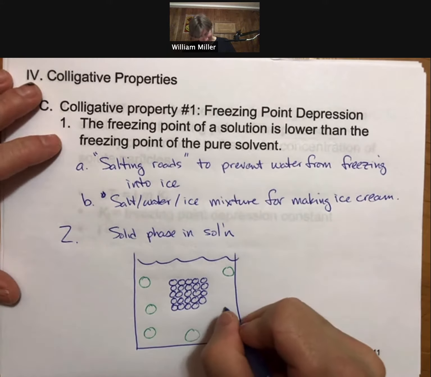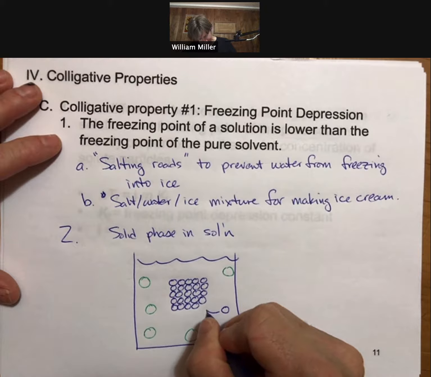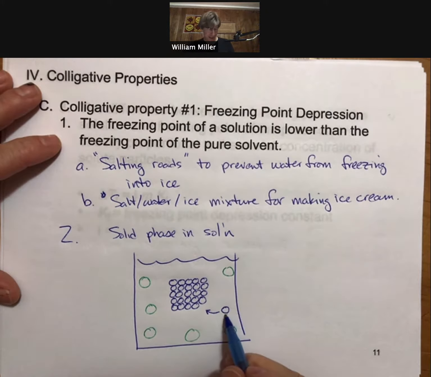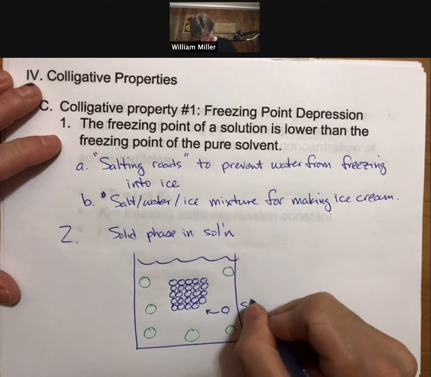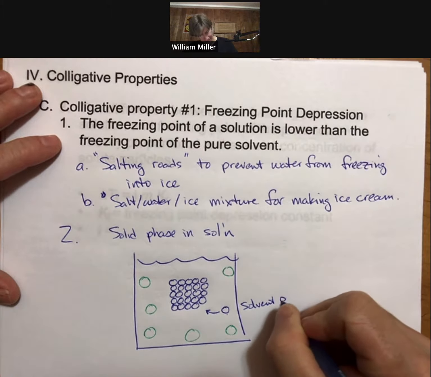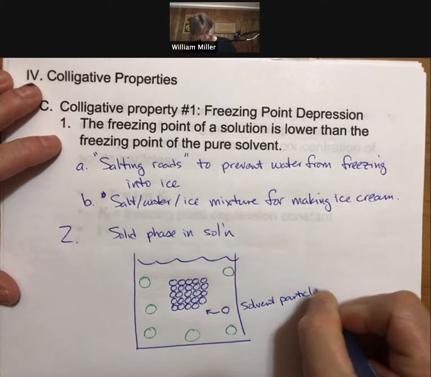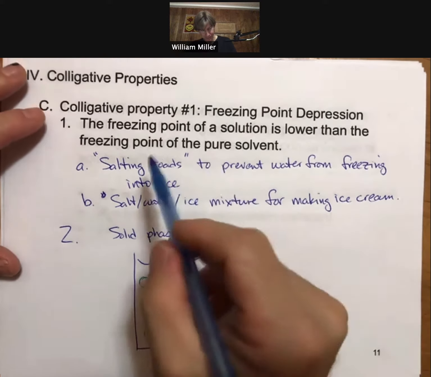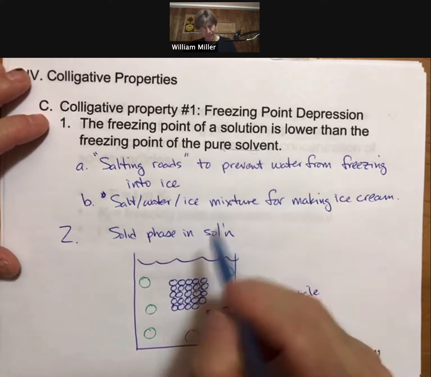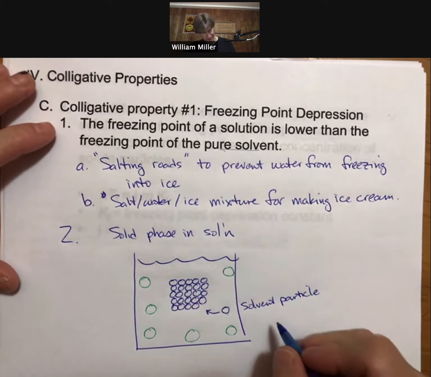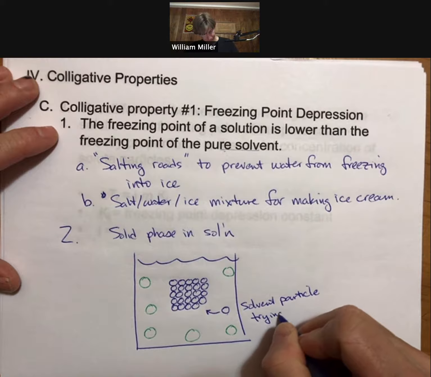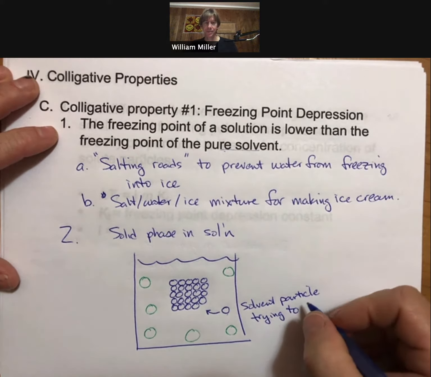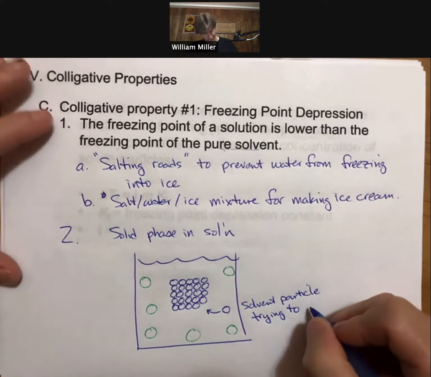And here comes another solvent particle. Because I should say the solvent is what's trying to freeze here. Solvent particle trying to join the frozen or solid phase.